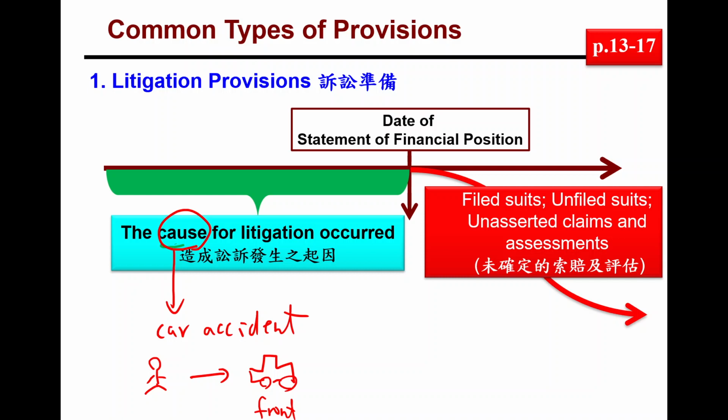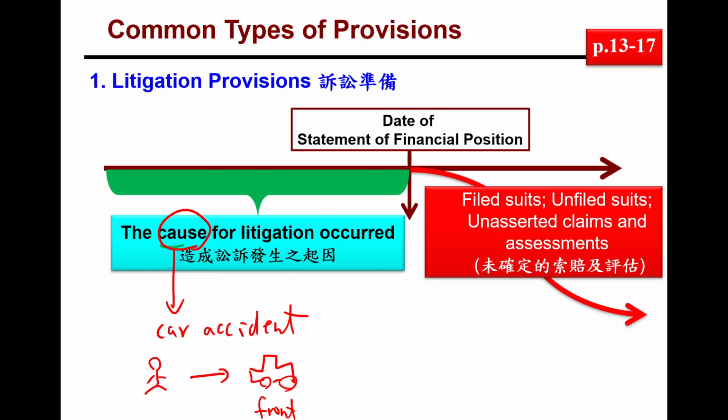It's not 100% some person's fault. So usually they will say, okay, front car, how many percentage is your fault? How many percentage is the other person's fault? Okay, so it's not 100% on a specific person.